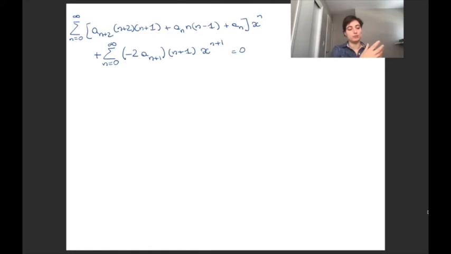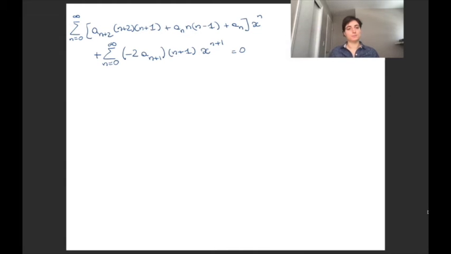If you take inside the minus 2x, you have a sum from n equal 0 to infinity of minus 2 a_{n+1} (n plus 1) multiplied by x at the power n plus 1.